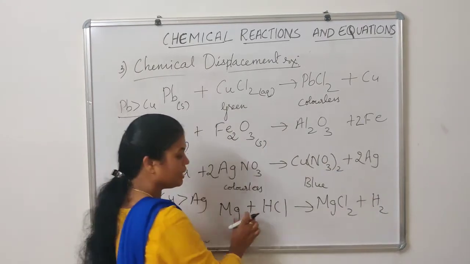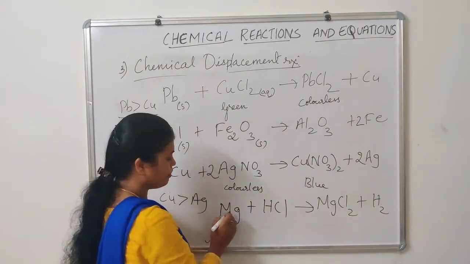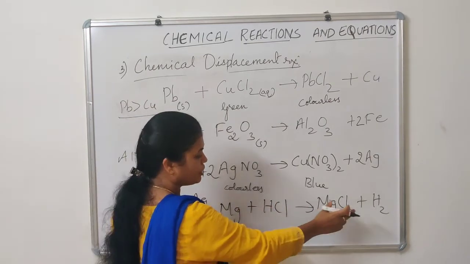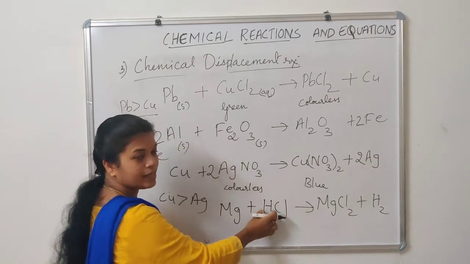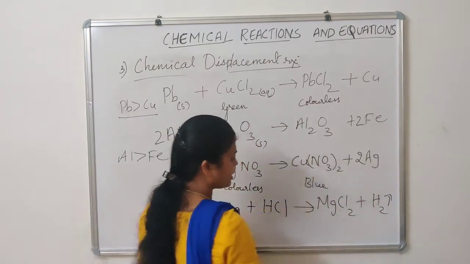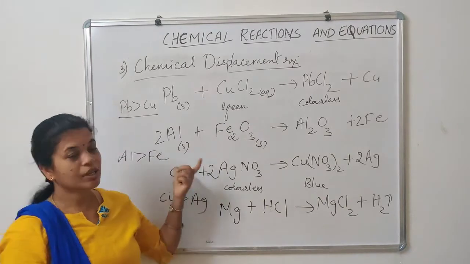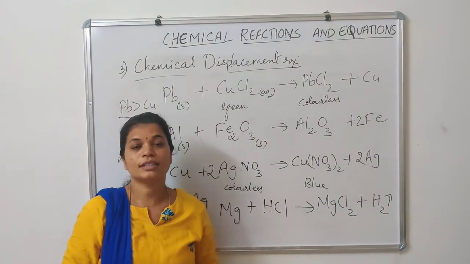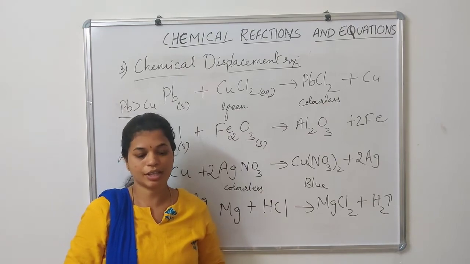So when a metal is placed in an acid, magnesium displaces the hydrogen, forms magnesium chloride, and hydrogen gets separated out. It was in the form of a gas. So this is also an example of chemical displacement reaction.